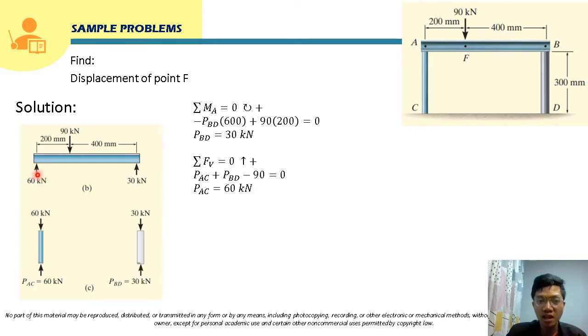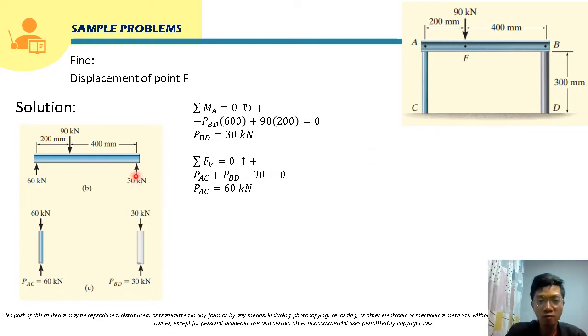If it is directed upward here on the beam, then on post AC it will be directed downward. Meaning the force at its other end should also be 60 kilonewton to be in equilibrium. If this is directed this way, the other force should be directed this way, and this will cause the post to be compressed.